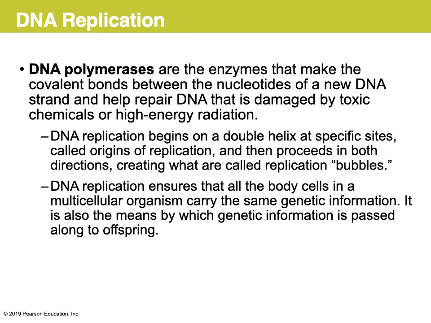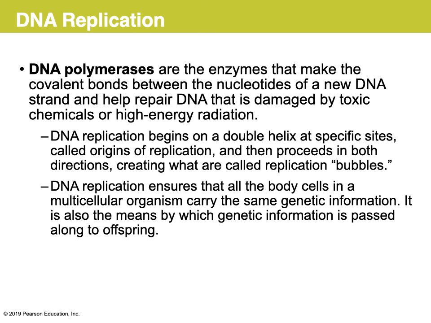So DNA replication begins on a double helix at multiple sites. Think of it this way. Look at that big textbook you've got, or I guess look at the file you have if it's electronic. And if I said, okay, I need a copy of this. Now, if one person started at the beginning of the book and started making a copy from beginning to end, that would take a long time.